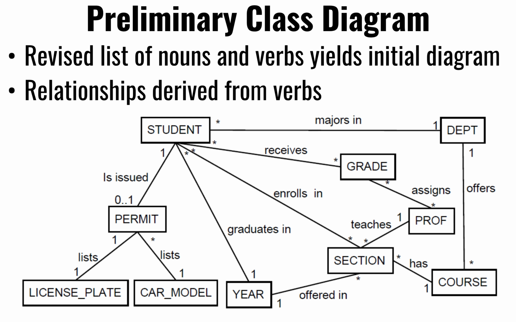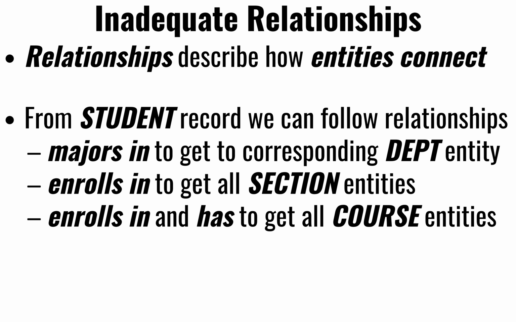As you go through the iterations of understanding that certain nouns are actually part of some bigger whole, you might say, oh, actually, some of these nouns are fields in some other class. So there will be different iterations of merging some of these classes. Maybe the year might be part of the section, or part of the student, but not a class on its own. Those decisions come along as you analyze a particular domain.